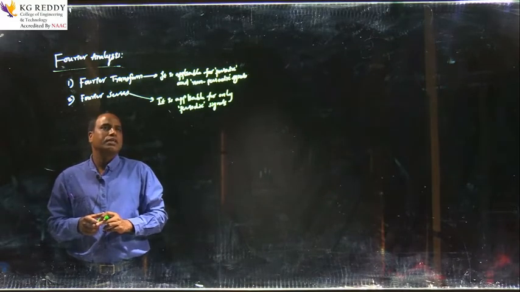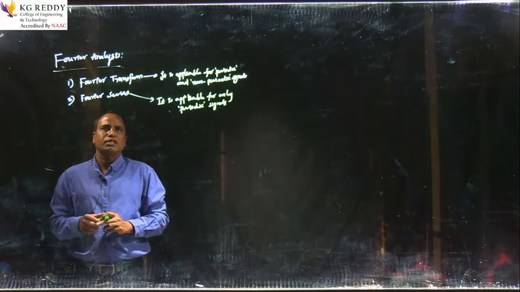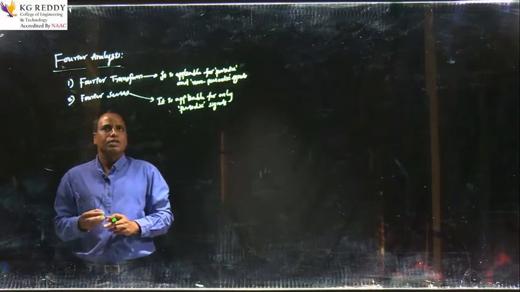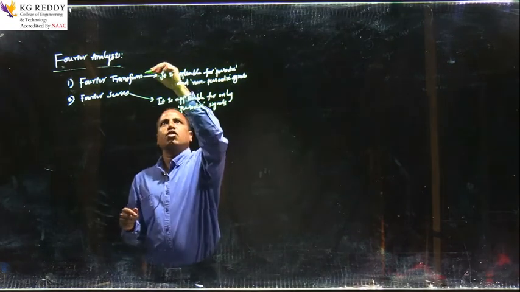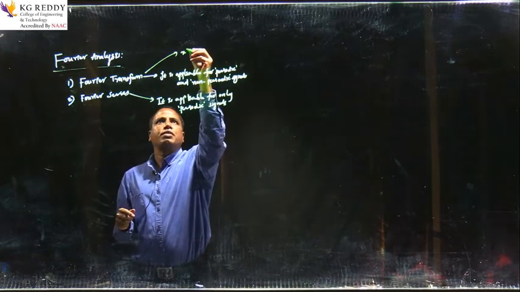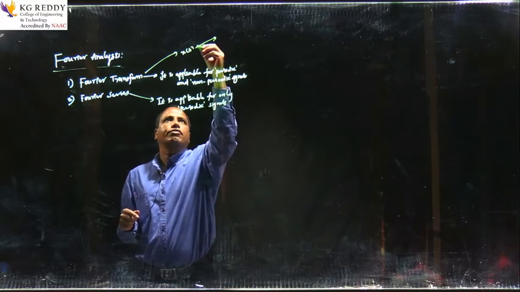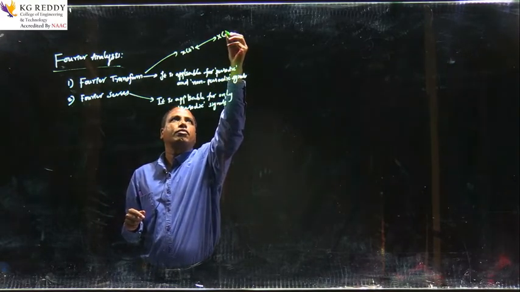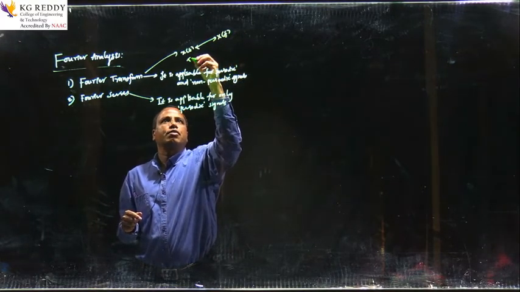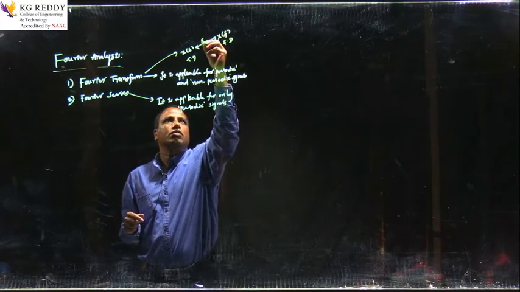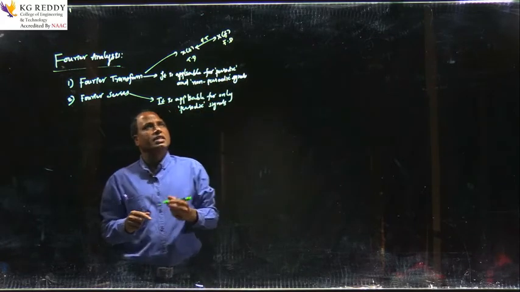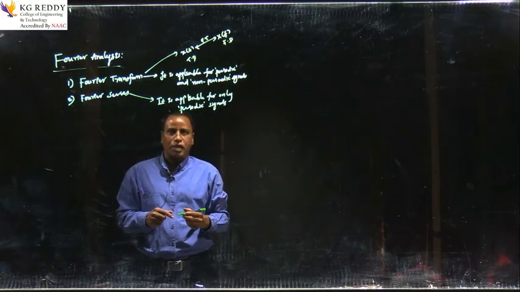Generally, if I say the definition of Fourier transform, I told you this Fourier transform converts time domain signals. It converts time domain signal x of t to x of f, where this is a time domain signal and this is a frequency domain signal. So after the application of Fourier transform, a time domain signal is converted into frequency domain signal.